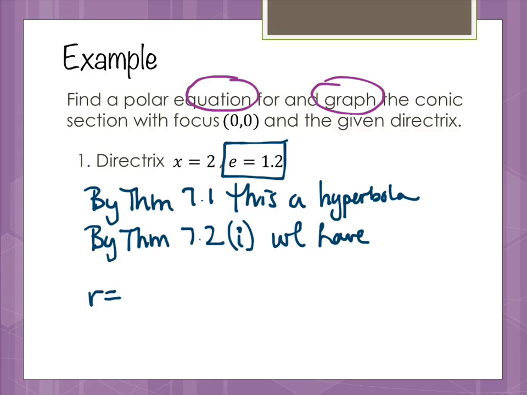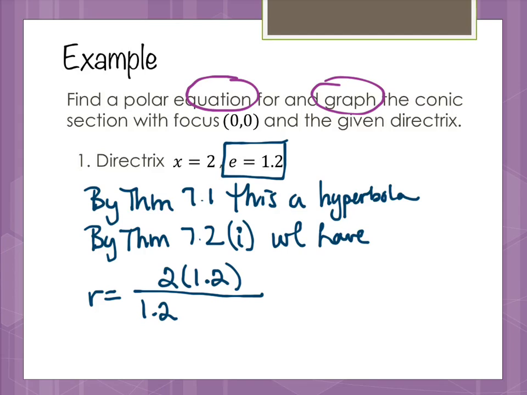I know the formula says d, but d is measuring the distance to the x value. So this is going to actually be 2, which is your x value, times your eccentricity, which is 1.2. So I guess I actually wrote those backwards of what the formula said, but commutative, right? No problem? Multiplication is commutative? Excellent. All right, below I actually have e, so that's my 1.2.